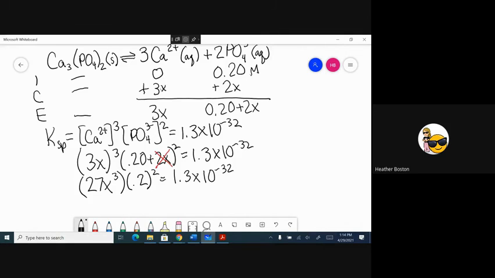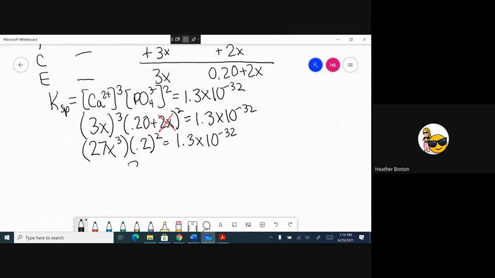So I'll go through this step by step. 27x to the third equals, we're going to take 1.3 times 10 to the minus 32 divided by 0.2 squared and get 3.25 times 10 to the minus 31.